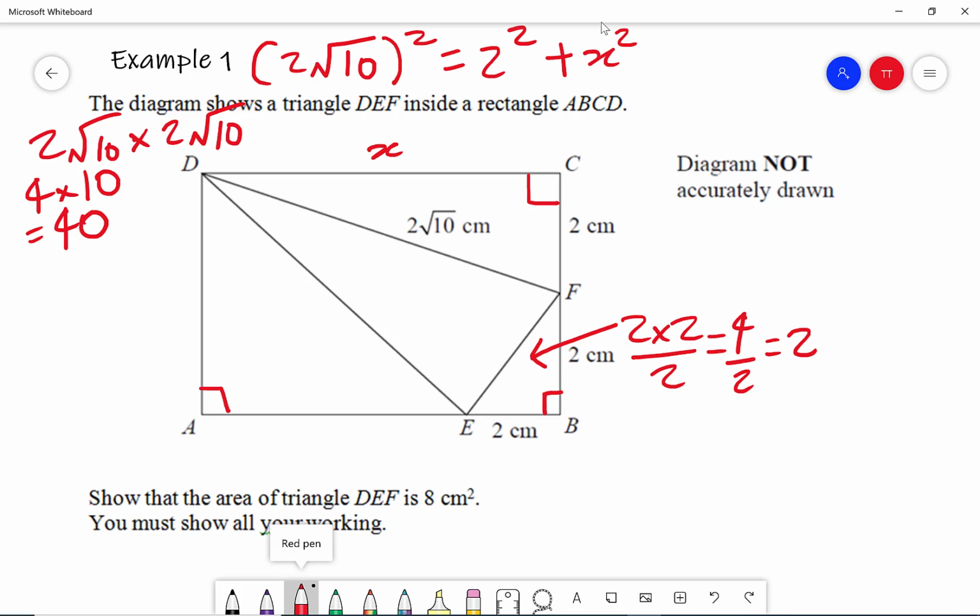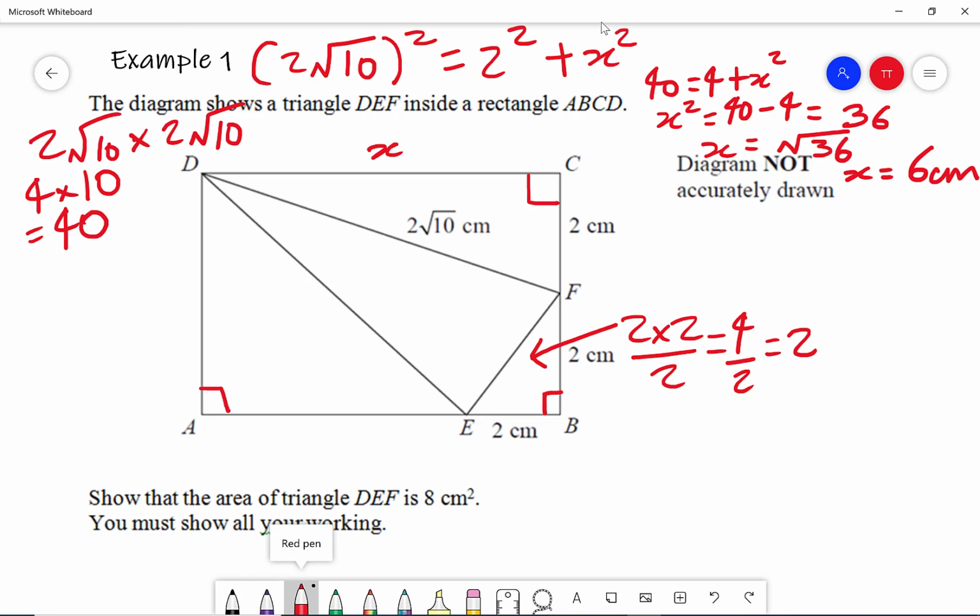So I can now say that 40 equals 2 squared, which is 4, plus x squared. So I can say x squared is 40 minus 4, which is 36. And then we square root that. So I can say that x is 6 centimeters.